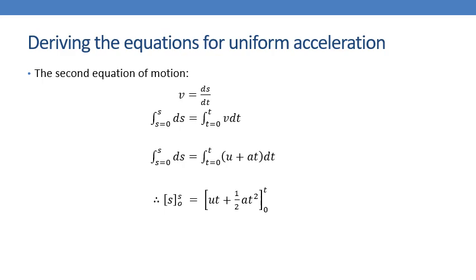And the next part we get half at squared, because a is a constant, so that stays the same. The t is what we're integrating with respect to, and that power increases from t to the 1 to t to the 2, and then we divide by 2, and that's where the half comes from. And then we end up with our relationship that we're familiar with.